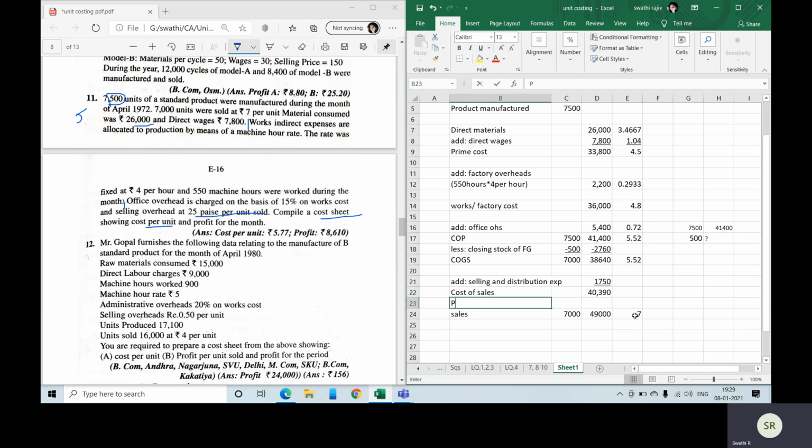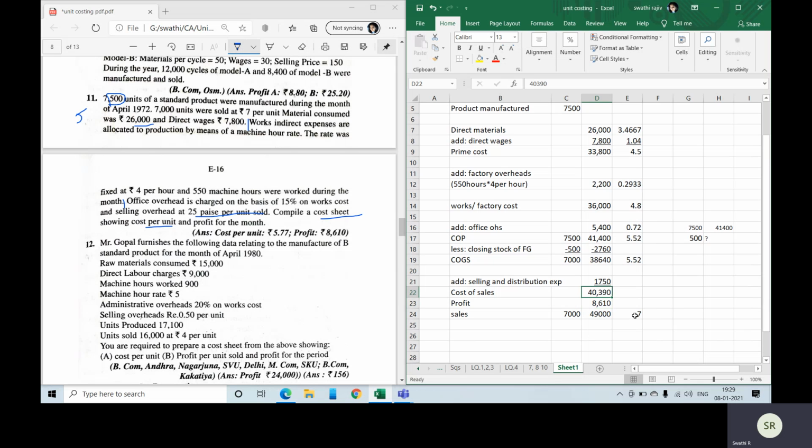Now what is your profit? Profit is nothing but sales minus cost of sales. 8,610 is your profit, and per unit profit, how do we calculate?